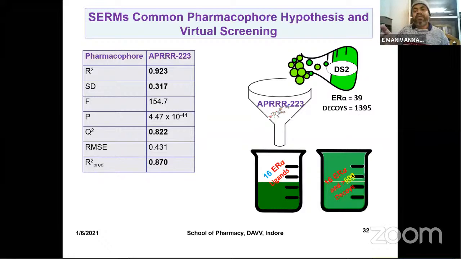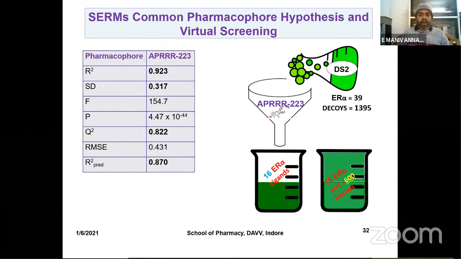Screening of this data set against this particular pharmacophore AP-RR223 resulted in recognition of 16 ER alpha ligands, 16 highly active ER alpha ligands, and none of the decoys were recognized by this pharmacophore. This shows the prediction capability of this pharmacophore.